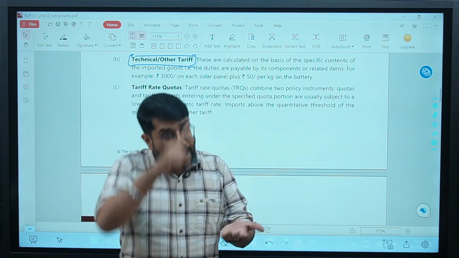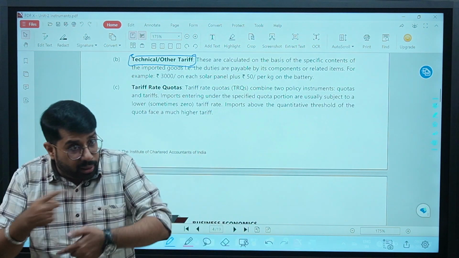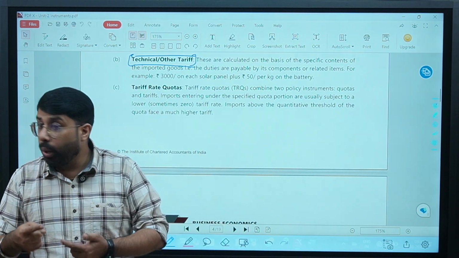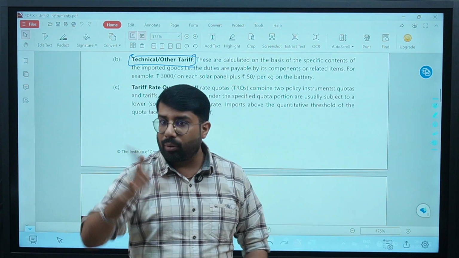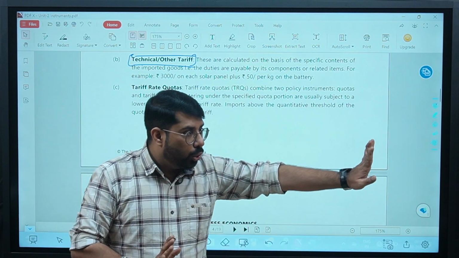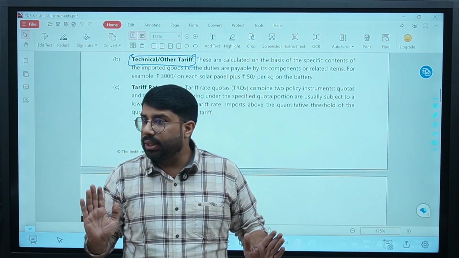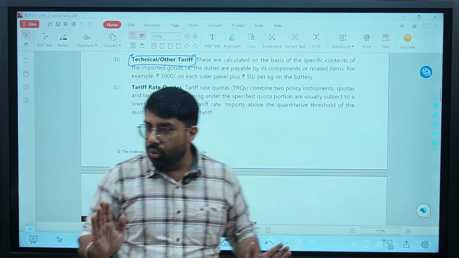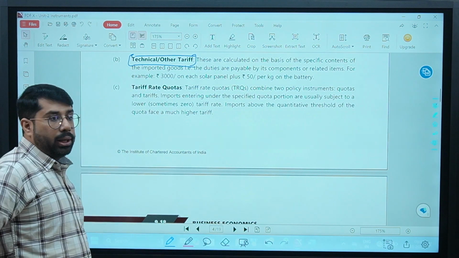Because you will use that raw material, that technique, that technology in India, you will convert it into finished goods and you are going to sell that finished good at very high prices to the rest of the world. It will increase the profit. So that is the reason I am saying every export is not good and every import is not bad. Do we understand this thing, guys? Yes or no? Sure, everyone? Talking about technical or other tariff.